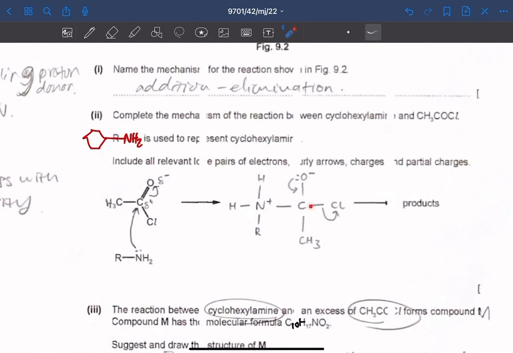But then the electron, because Cl is an electron withdrawing group, moves there, and because the lone pair has attacked the carbon atom, it has formed a bond, and therefore it is an N+ atom, bonded to the R group, bonded to H2.